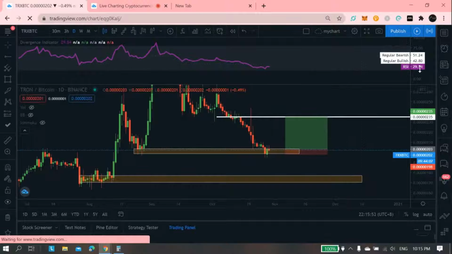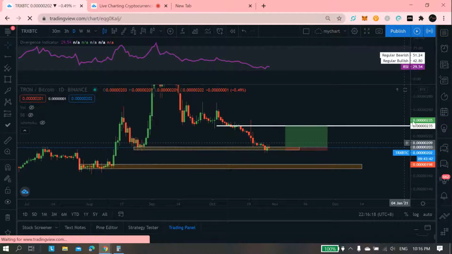Some of the traders look at that, but for me, I'm looking at 20 as oversold. But yeah, you can also use this one. The regular bullish was previously at 42. I really don't know how you trade, but that's how I will trade it depending on if it's spot or futures.